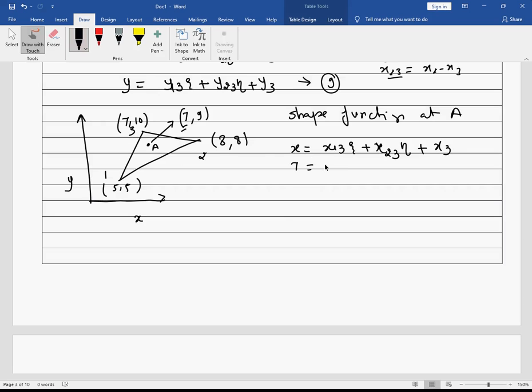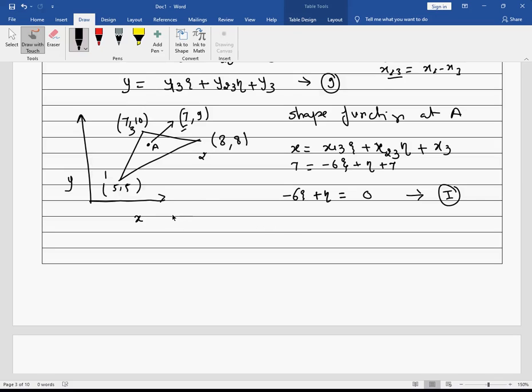So x1 minus x3 is minus 6, and then x2 minus x3, so this is 2, 8 minus 7 is 1, and the value of x3 is 7, so I could write 7. Now I can rearrange this. Minus 6 zeta plus eta is equal to 0.